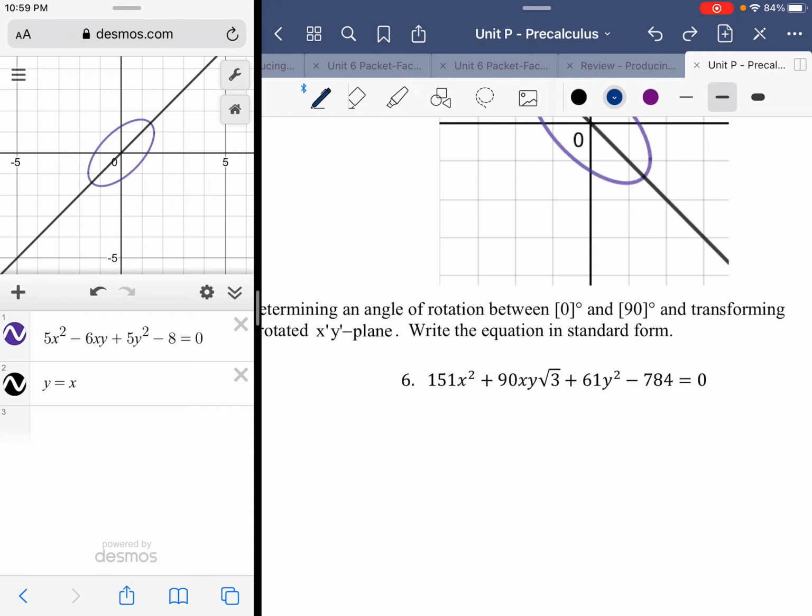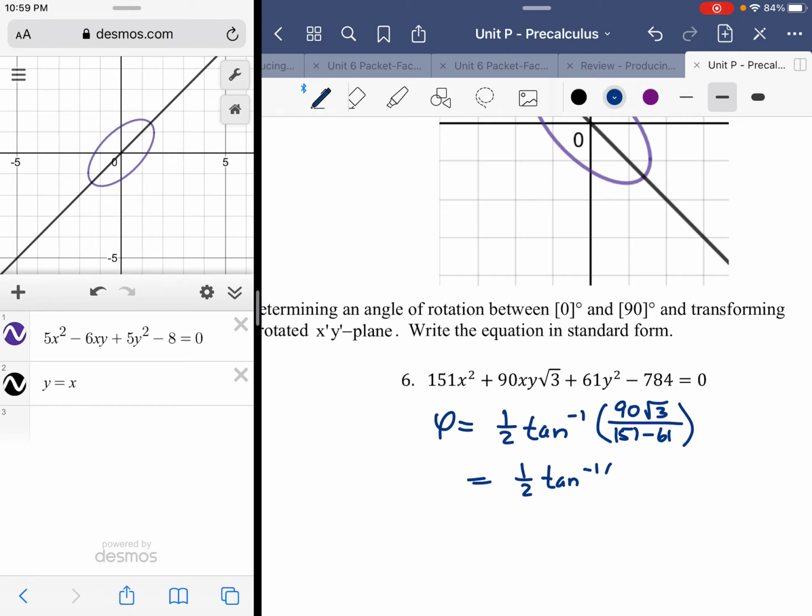All right, and then the next one. The b term, 90 radical 3, a minus c, 151 minus 61.